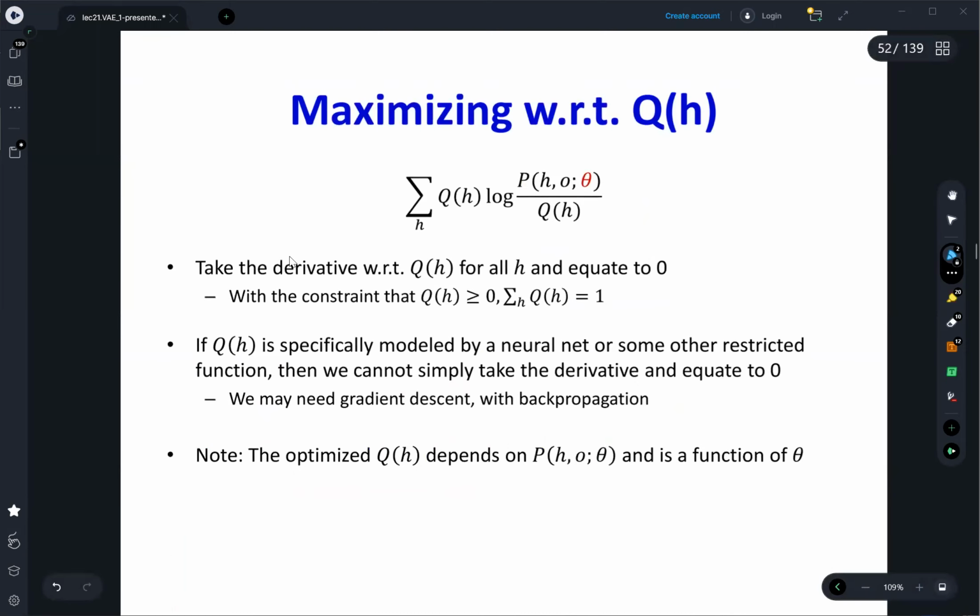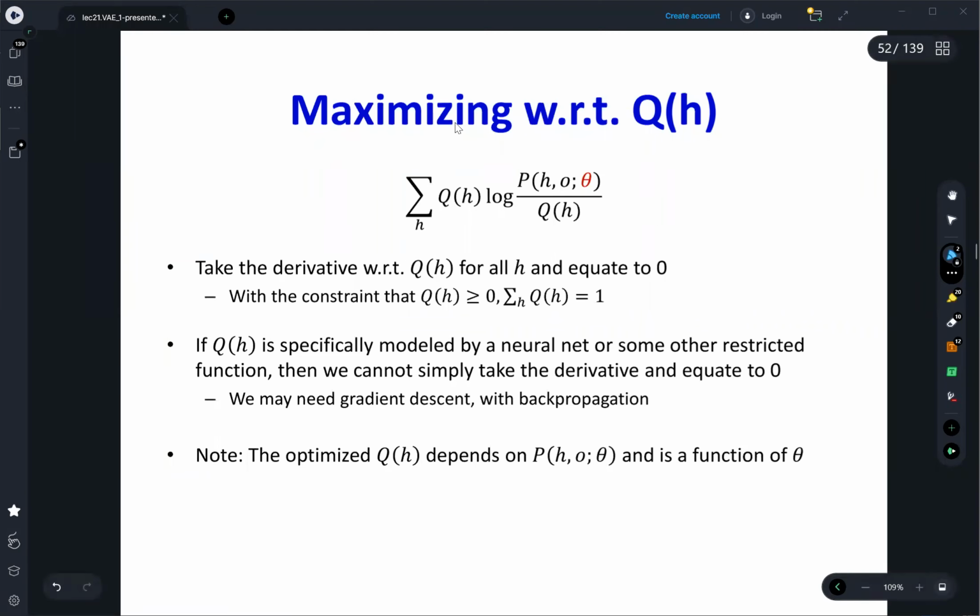And so the first thing we will do is to try to find the Q of H that maximizes this. And Q of H we saw is just a probability distribution, meaning Q of H is always non-negative and it sums to 1. You could compute Q of H in any manner. Q of H could be a neural network over H's, or some other function.